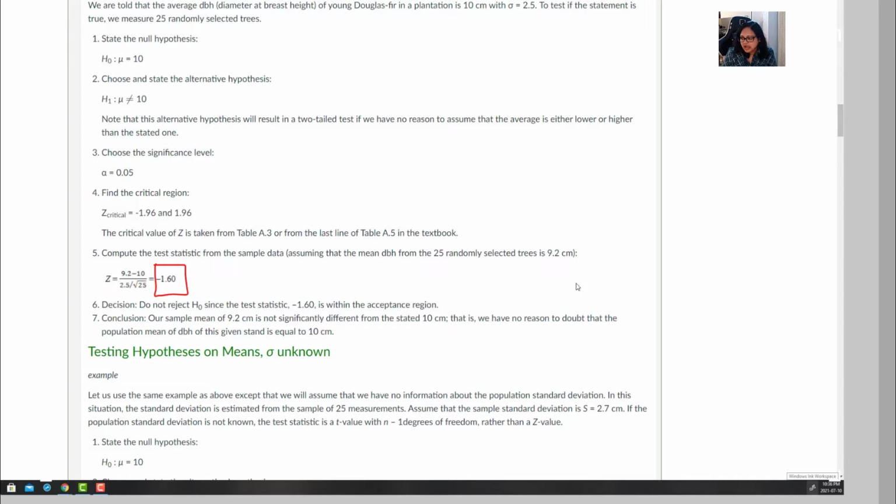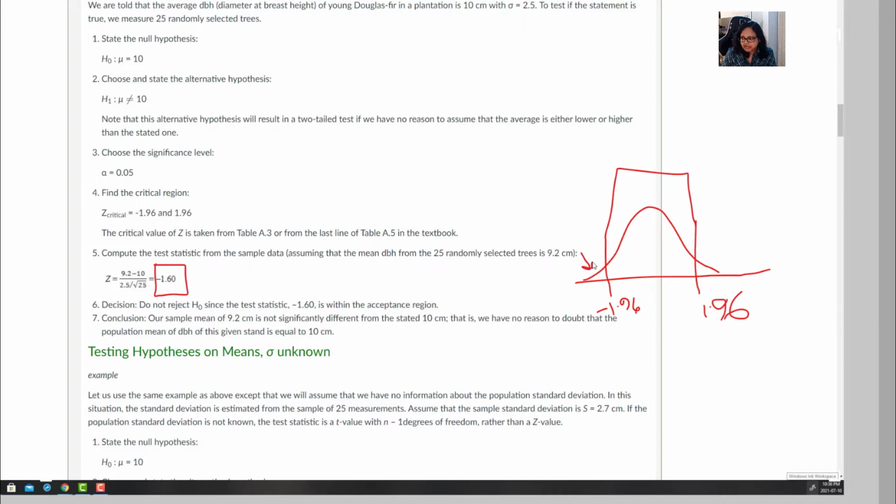But using the Z values, we found that the critical points are plus and minus 1.96, and this area is where we are not going to reject the null hypothesis.